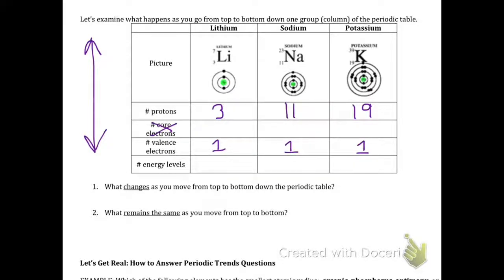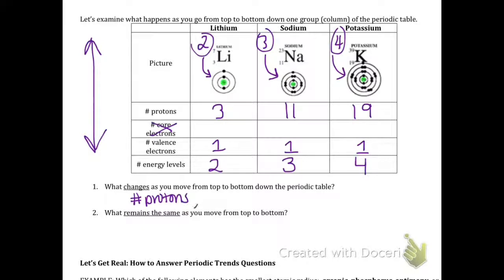Lithium is in the second row, sodium's in the third row, and potassium's in the fourth row. So that means lithium has 2 rings, sodium has 3, and potassium has 4, as you can see here. There's 2 there, 3 there, and 4 there. So the 2 things that change are, once again, the number of protons and the number of energy levels.